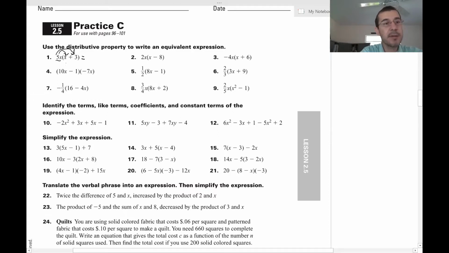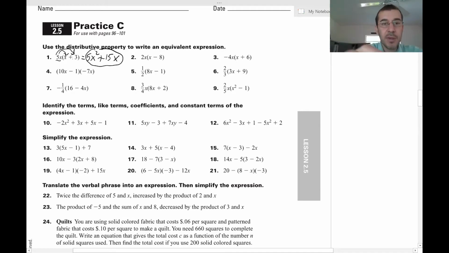It's understood by itself. So 5 times 1 is 5, and then x times x is x squared. Then we multiply 5x with 3. Both signs are positive, so we are going to end up with a positive product. Then 5 times 3 is 15, and then x is just x. So that's the result for number 1.